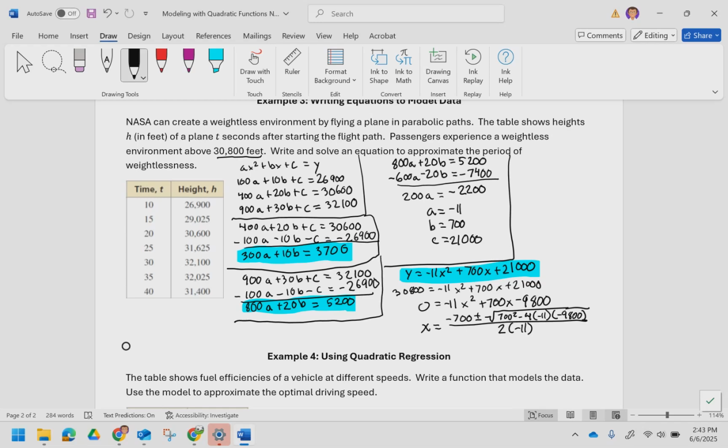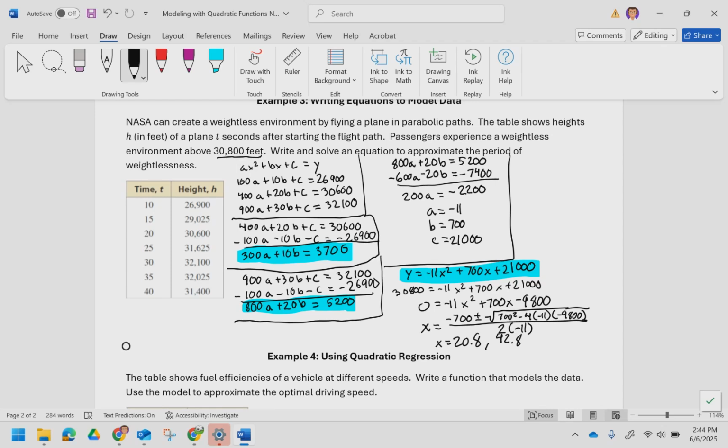What this is going to give us is two different values where x is equal to 20.8 or 42.8. Now, they are weightless in between those amounts.